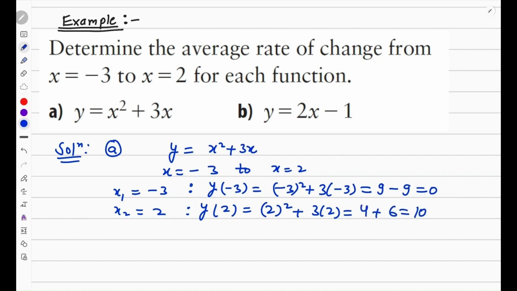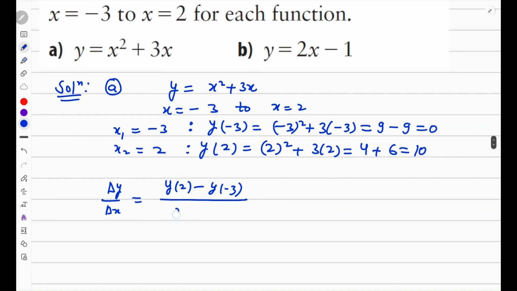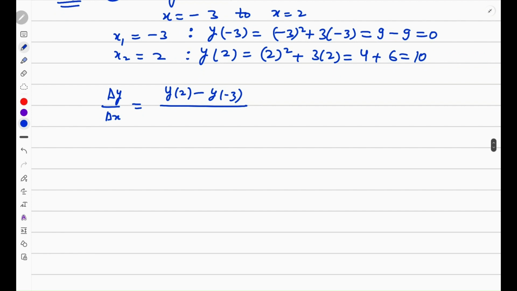To calculate the average rate of change, we can say it is delta y over delta x. So the change in y is y at 2 minus y at minus 3, over the change in x, which is x2 minus x1, which is 0 minus 10 over 2 minus minus 3, which is minus 10 over 5.